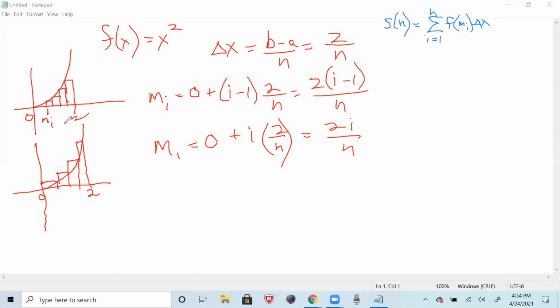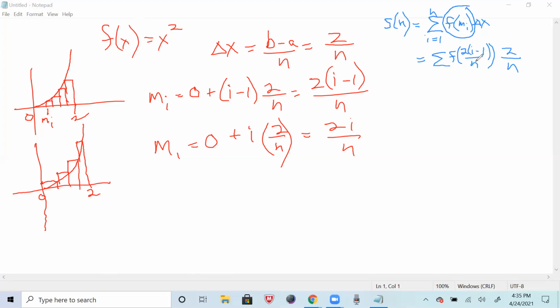What I do next is substitute the function. In our case, the function is x squared, right? So this is really equal to the sum of f of 2I minus 1 over n, times 2 over n.